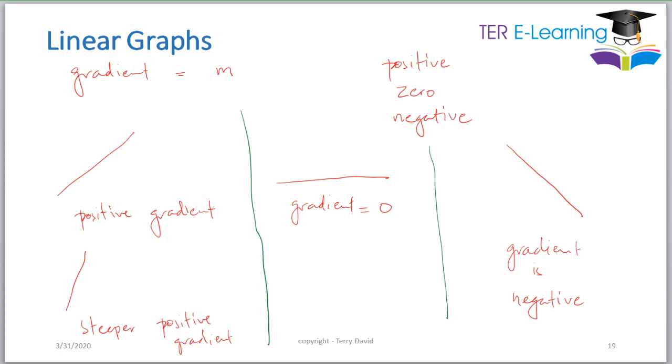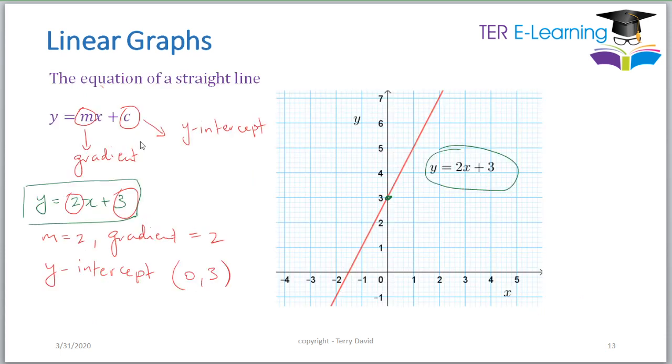So look at this. Let me go back to our graph that we did previously. If we look at the equation of the line, it was y equal 2x plus 3. Now, the gradient of this line is 2, which is positive. So you notice how the line is sloping, right?